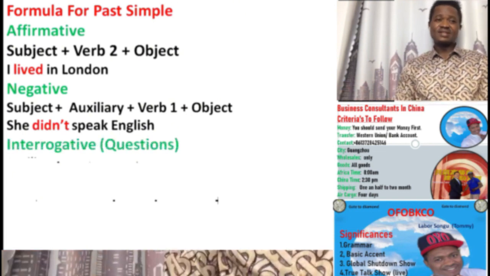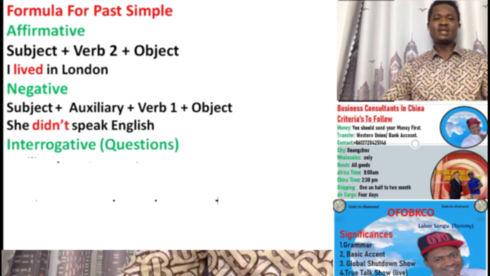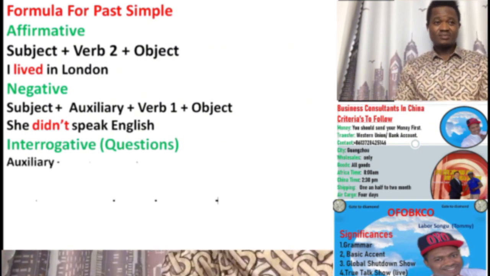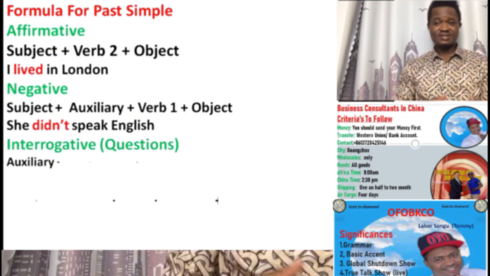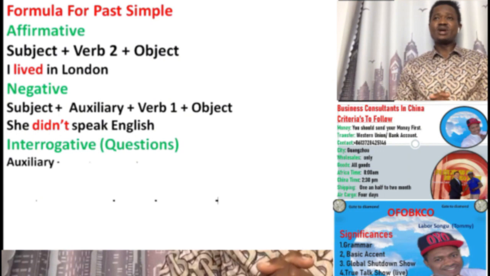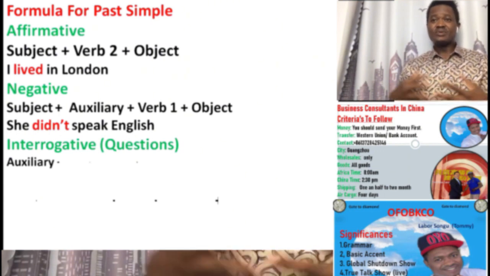All right, okay, guys, let's go. Interrogative. The interrogative we also call the question form. So let's go to the interrogative formula. It starts with the auxiliary verb, followed by the subject. This is the difference about the interrogative. In the interrogative form, we have the yes and no question, and we have the double question. Here we're going to talk about the two.